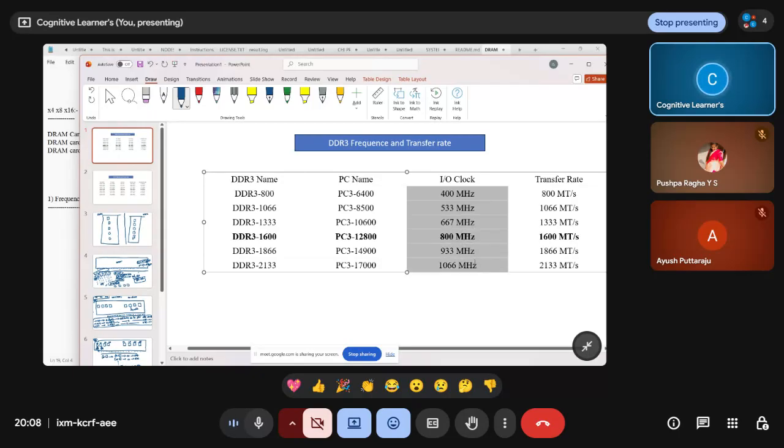Next, the transfer, or mega transfers, per second. Next we will see how to calculate the frequency, and how to identify the transfer rate, data rate, and bandwidth.